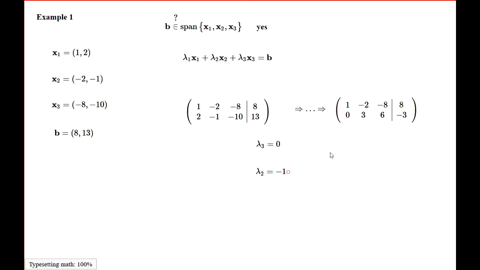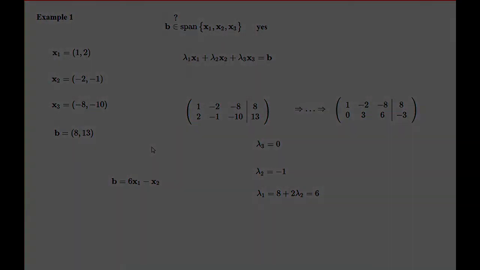Lambda 2 ends up being minus 1. And lambda 1 from this row will be 8 plus 2 of lambda 2's. It's 6. This is a representation for my b vector in terms of x1, x2, and x3. Even though you don't see x3 here, it's still there with its 0 coefficient.